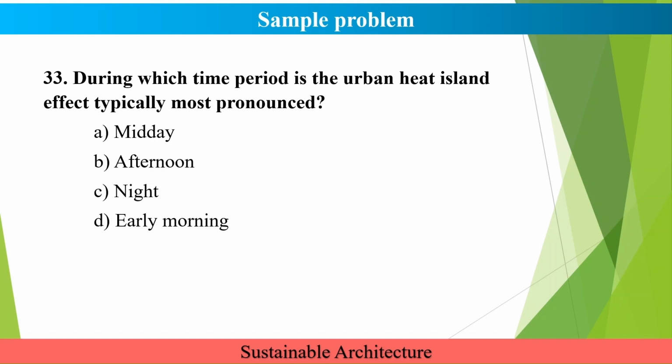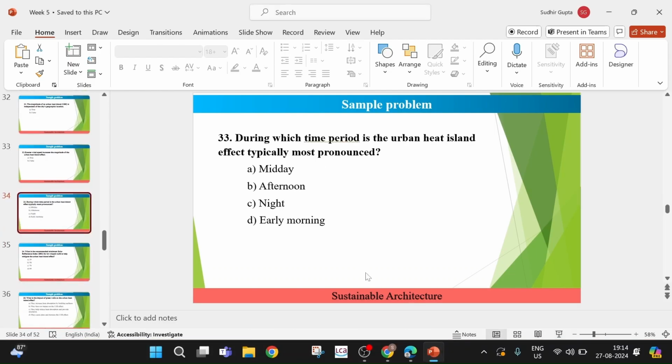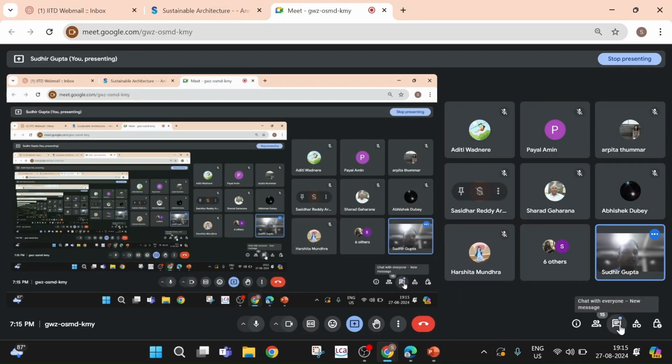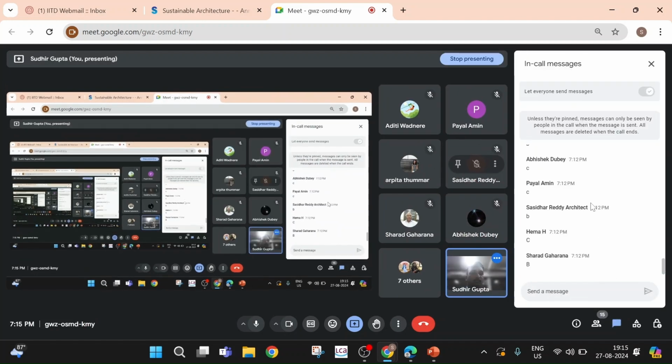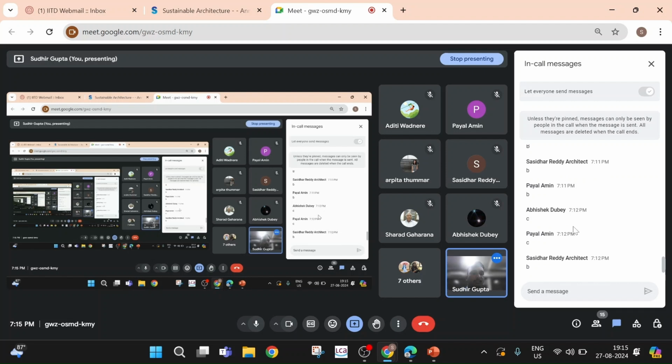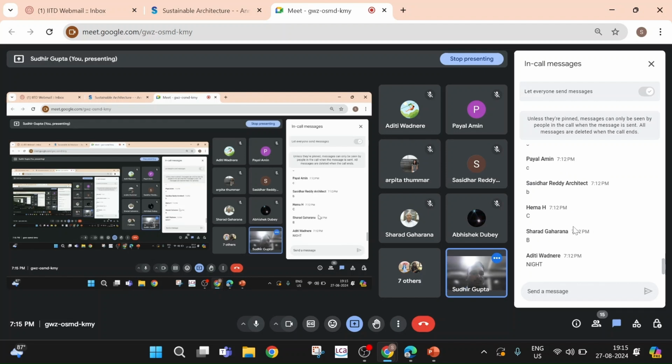Some of you are mentioning B and some of you are mentioning C. It means some of you are wrong and some of you are right. There is some lack of understanding. That's why I received two options, B, and the rest of you are okay with C. So C is the right answer for this one.